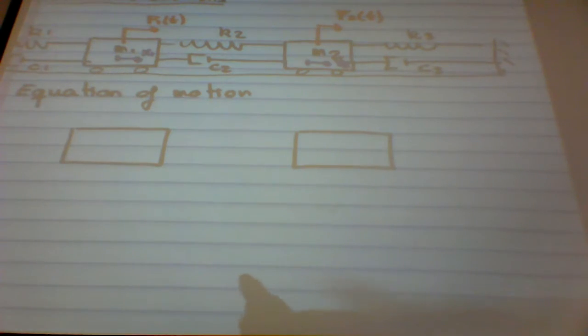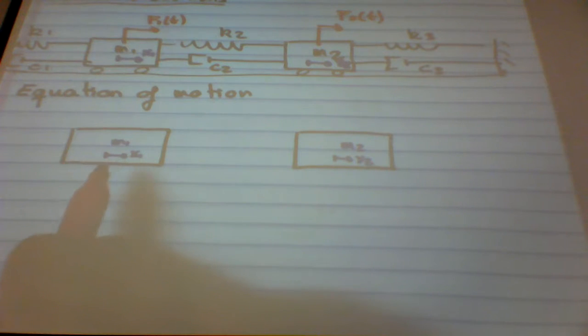So let's say this will be M1 over here. This is M2, so this is moving really X1. This is really moving X2. All right, so here we need to be careful to really look at X1 and X2, okay?